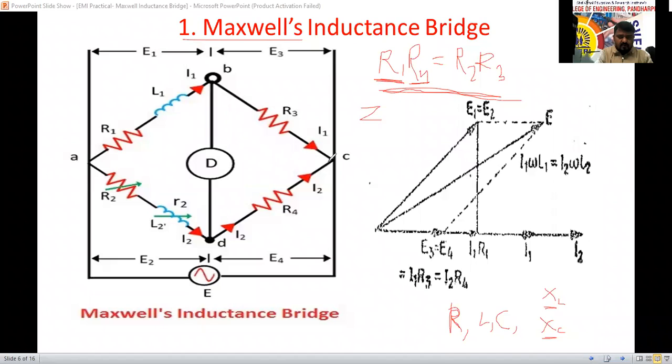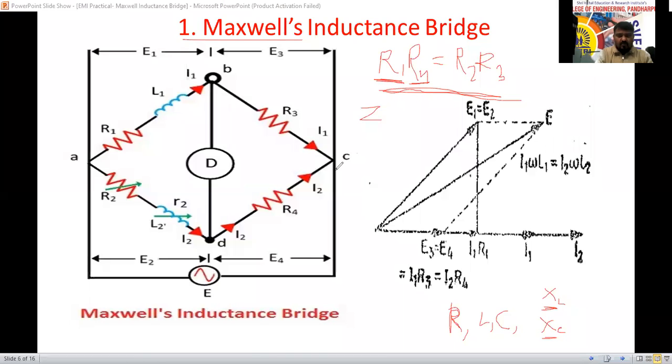Yes, sir. Have you heard the name of XL, XC? Sonali? Sonali Chavan. Yes, sir. Maxwell inductance bridge. Very critical condition is there.